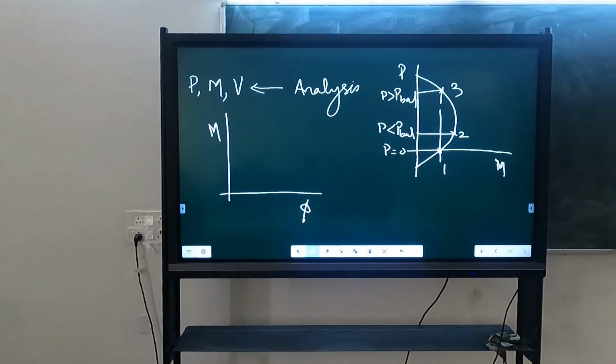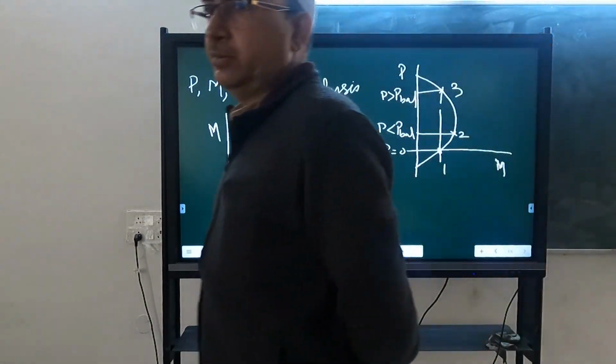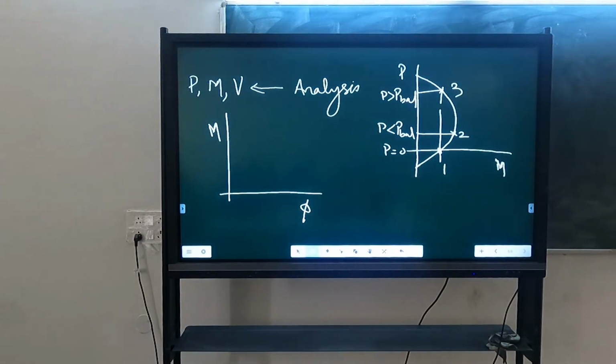Phi is epsilon c over Xu. So if Xu is increasing, epsilon c remains same, 0.0035 or whatever, so phi is going to decrease. So ductility decreases with axial force. The stiffness increases, strength increases and then decreases, and ductility decreases. Now you try. I have given you enough clue.